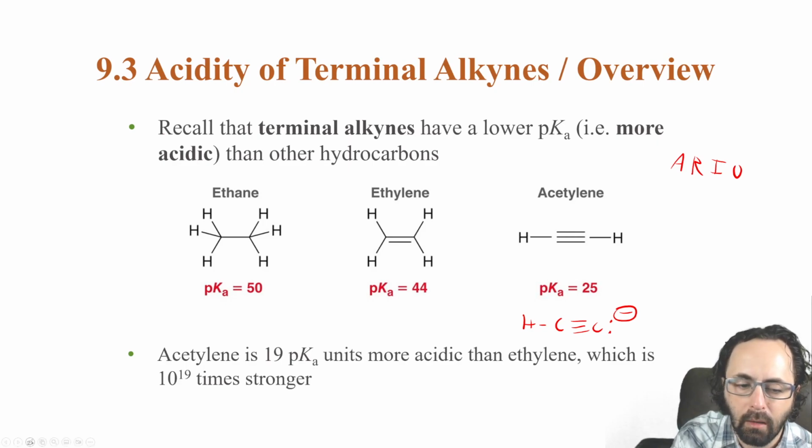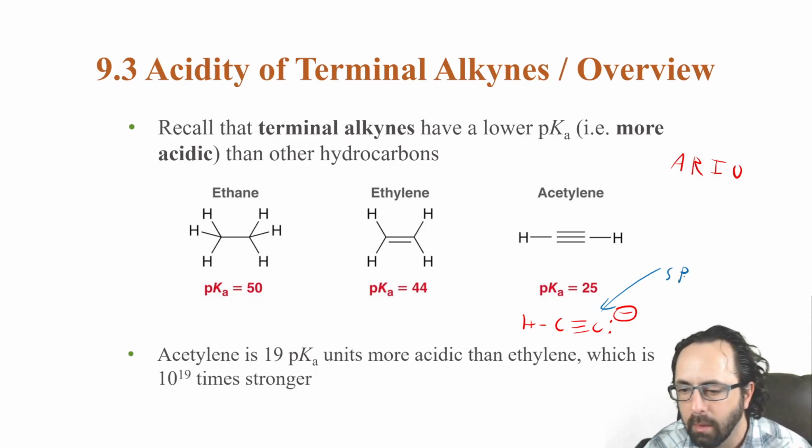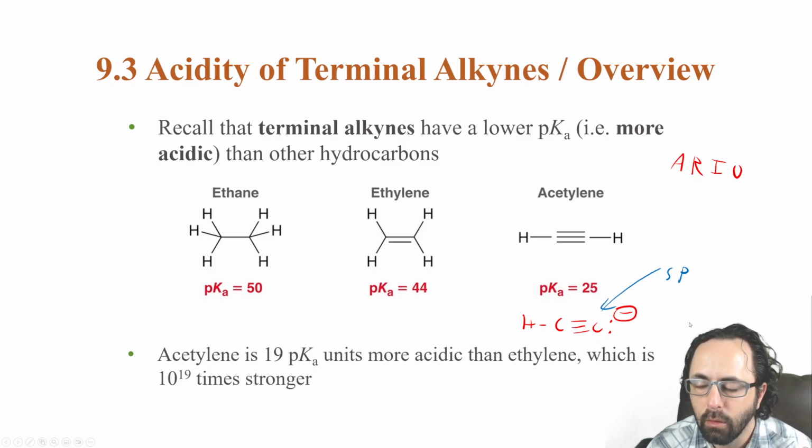This carbon here is an sp hybridized carbon atom, where in one of its hybridized orbitals it has this lone pair, and the other is involved in the sigma bond in this triple bond, with two pi bonds also existing due to the unhybridized p orbitals.